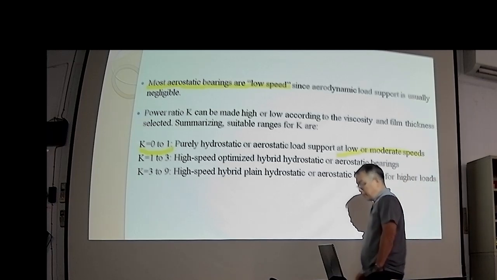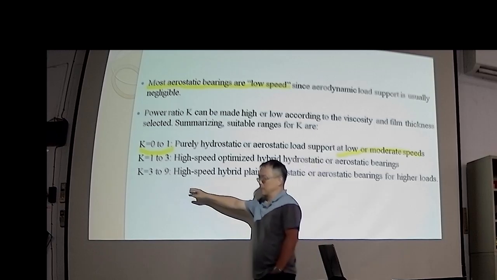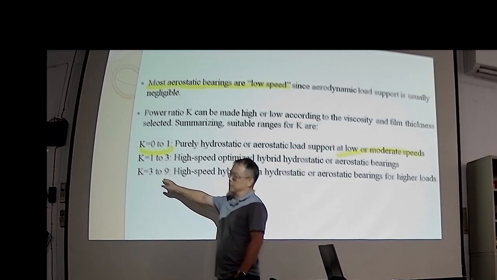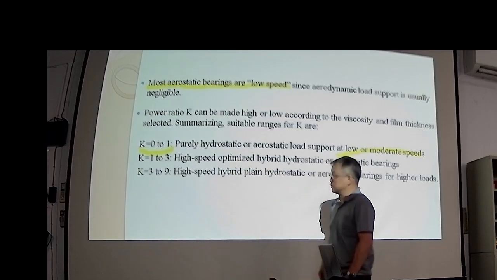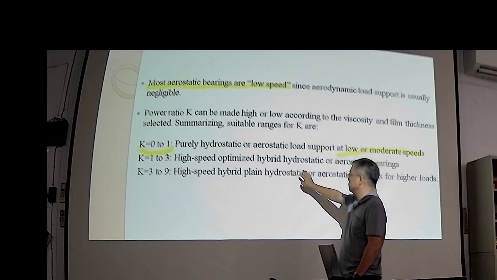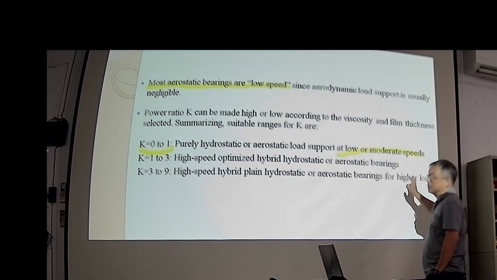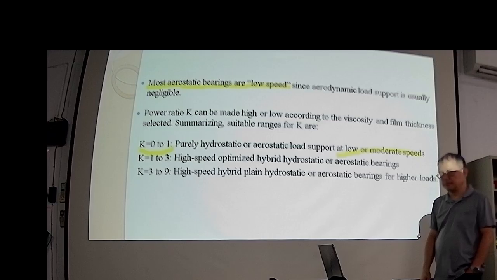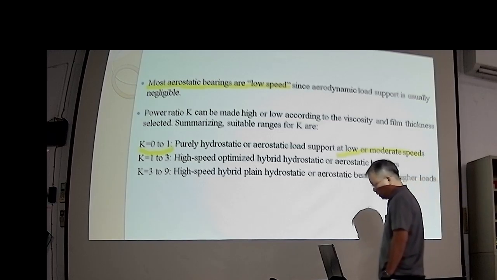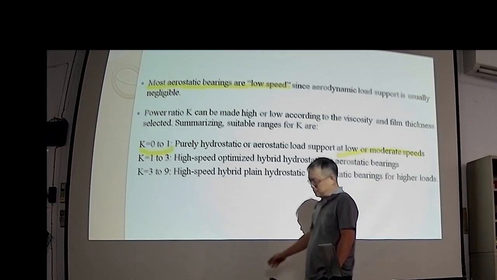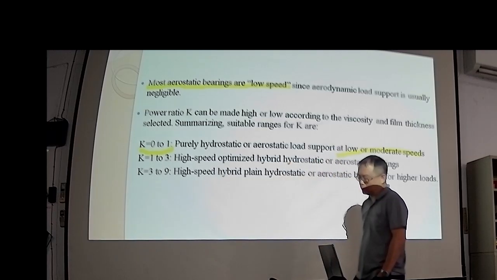If K is ranging from 3 to 9, it means a high-speed hybrid plane hydrostatic or aerostatic bearing for higher load. So we use K equal to 1 to distinguish the low speed and high speed bearing.